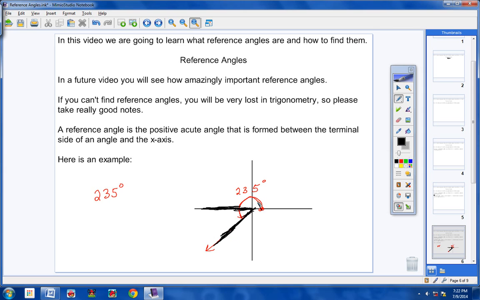If from here to here is 180 degrees, then that means this right here has to be 55 degrees. Think about it. If I take 235 degrees and I subtract out 180, I'm left with 55 degrees. And so this little angle right here, I'm going to highlight it in green, has to be 55 degrees. So the reference angle for 235 degrees is 55 degrees.